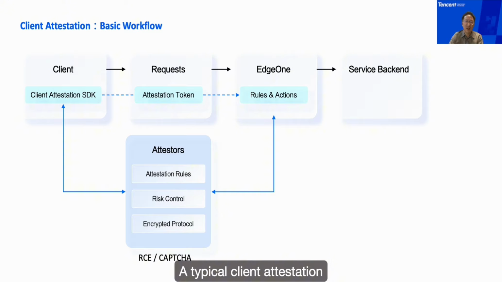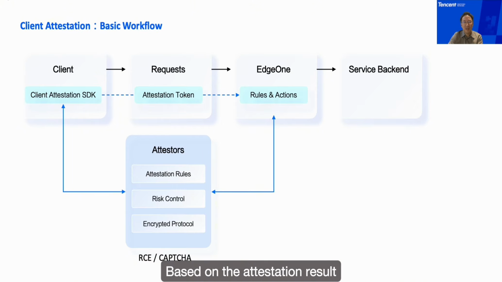A typical client attestation workflow begins with device check. The SDK or injected JavaScript performs a series of inspections, and the results are then encrypted and attached to subsequent requests as embedded risk control tags. EdgeOne extracts these tokens or tags and sends them to attesters like RCE.